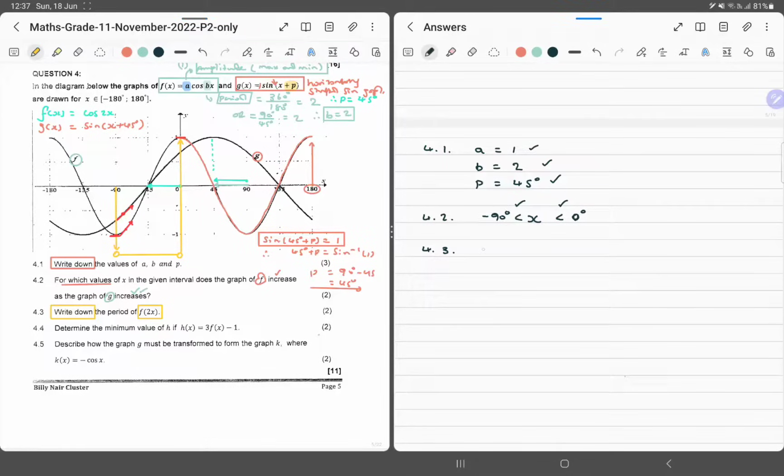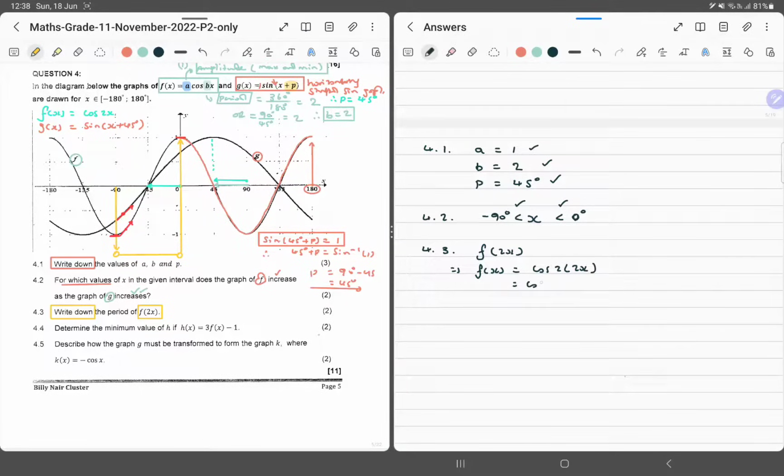So f of 2x implies that we've got f of x equal to cos 2 into 2x, because now we're putting the 2 also.